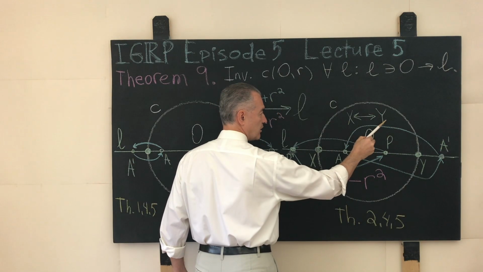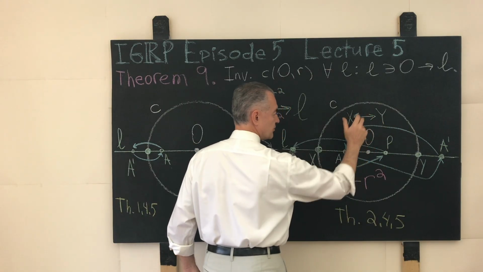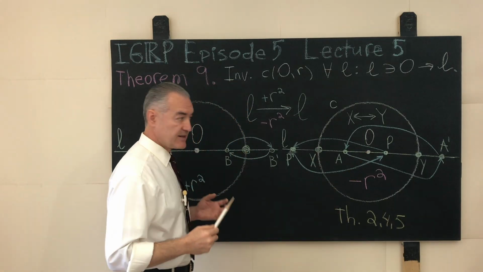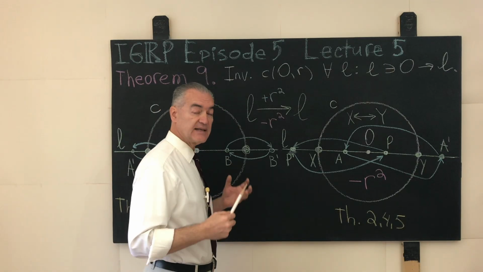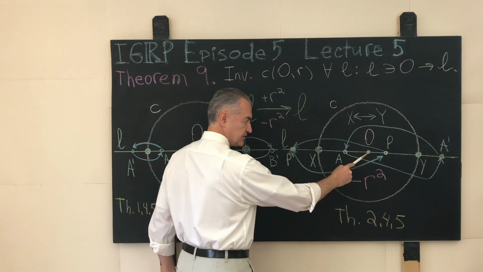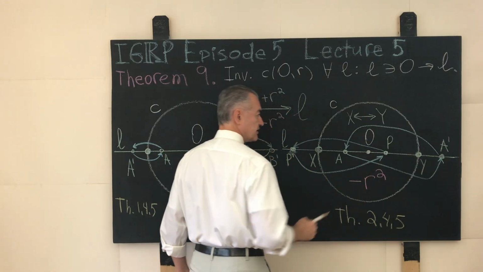X goes into Y, Y into X. These points trade places with respect to the center of inversion. And what does that mean? That means that when it comes to the structural integrity or the continuity of the given straight line L that passes through the center of inversion, that structural integrity, again, is not violated.